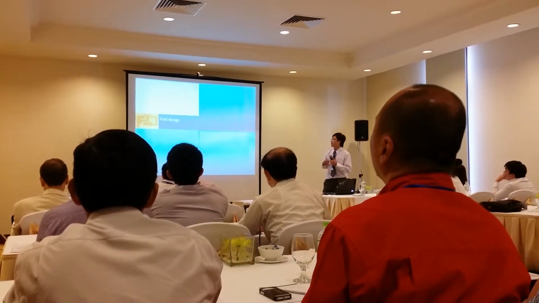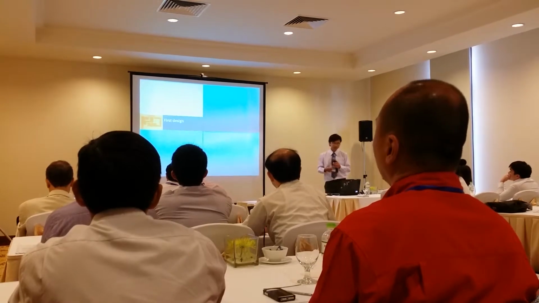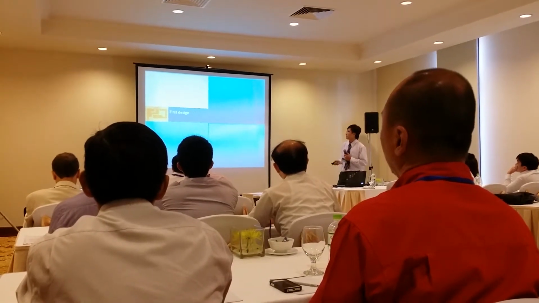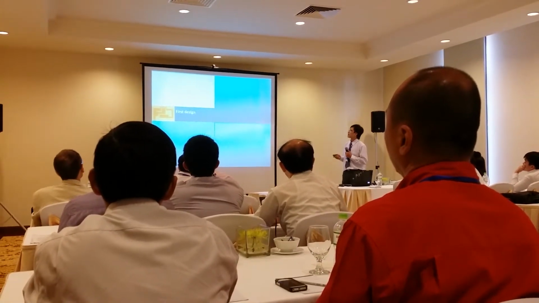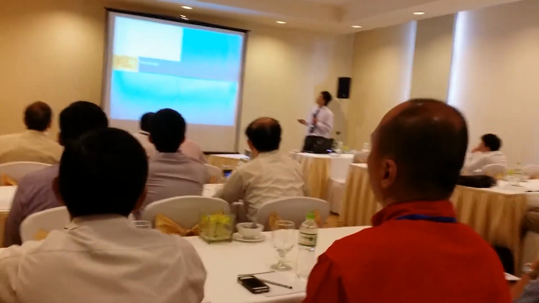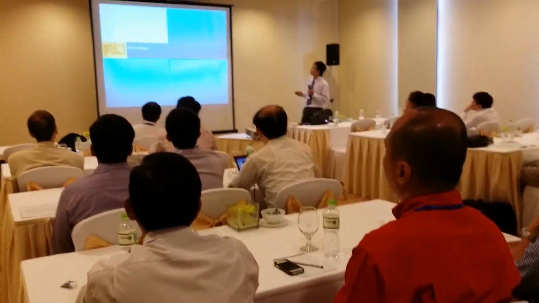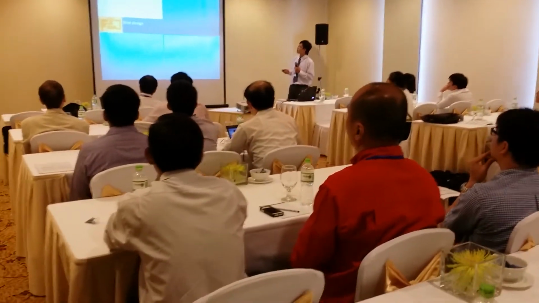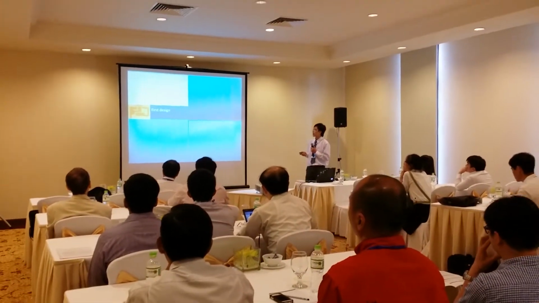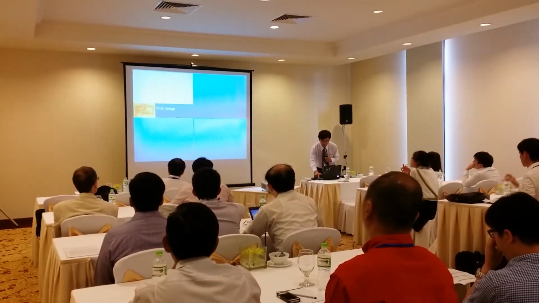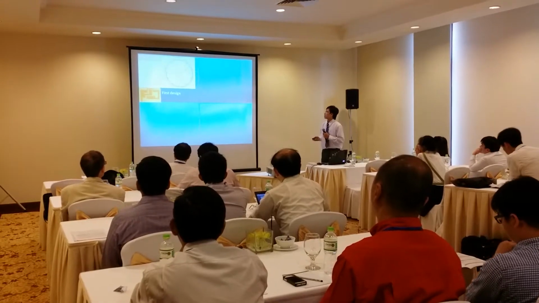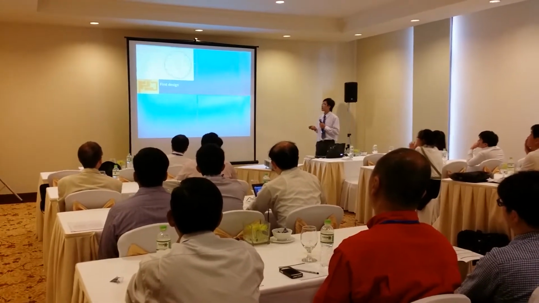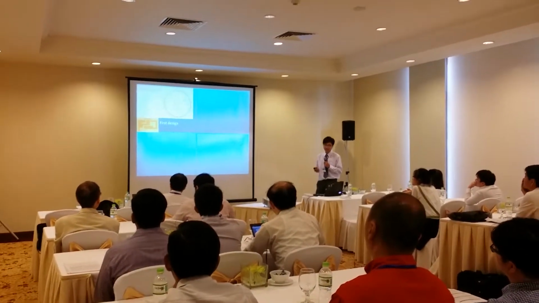So this is our first design. You can see that the patch is short, and this is the -10 threshold line. At 900 MHz, it is not lower than this line, and you can see on the Smith chart that this frequency is not matched to the 50 ohm.